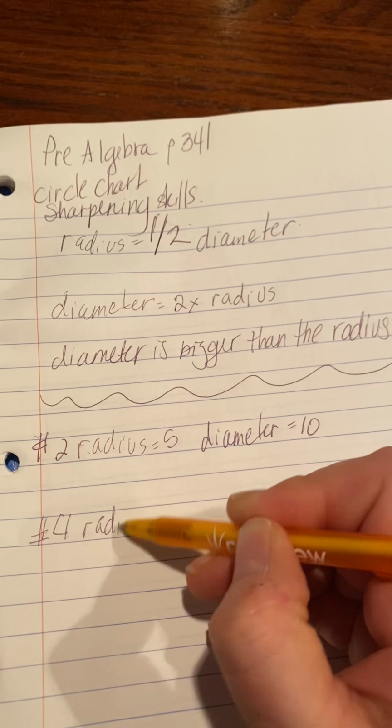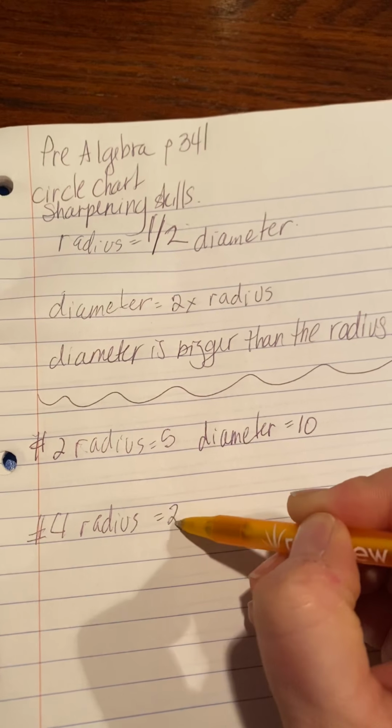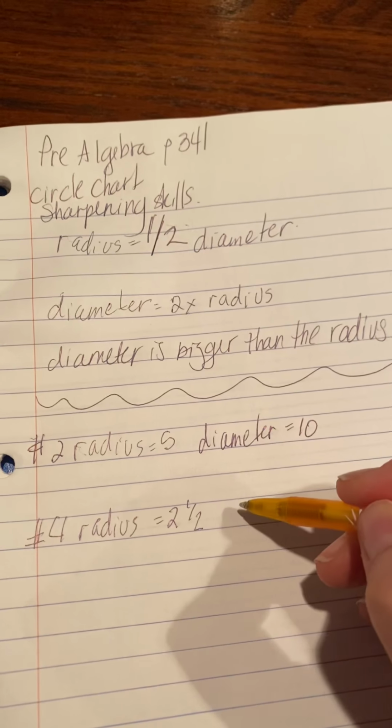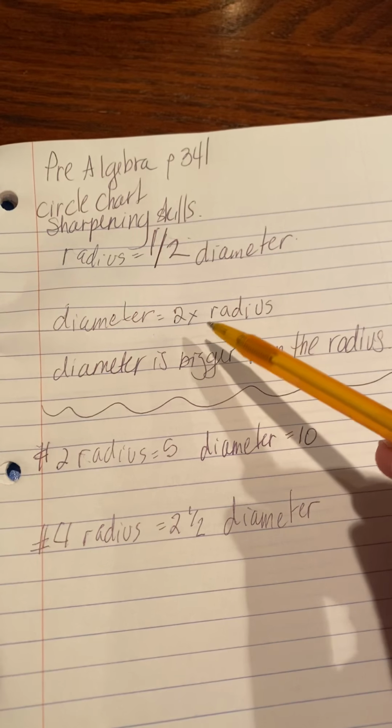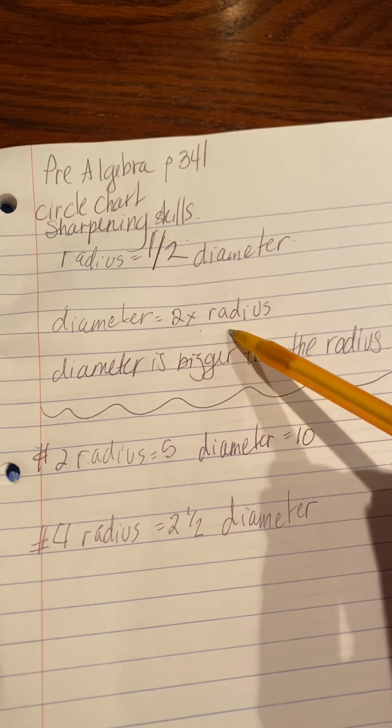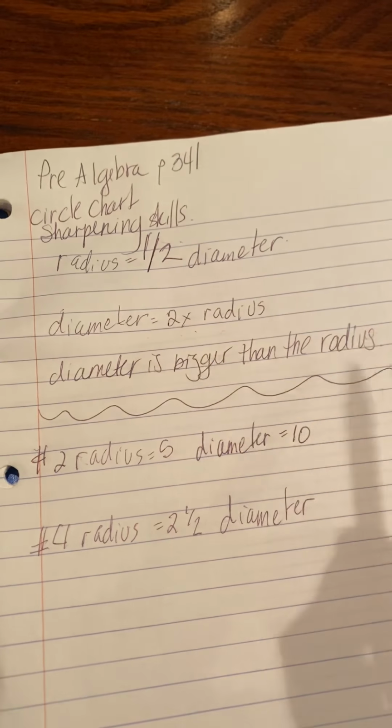they give us a radius of 2.5, and we have to figure out what the diameter is. So we know that the radius is 2.5. So 2 times the radius will give us the diameter.